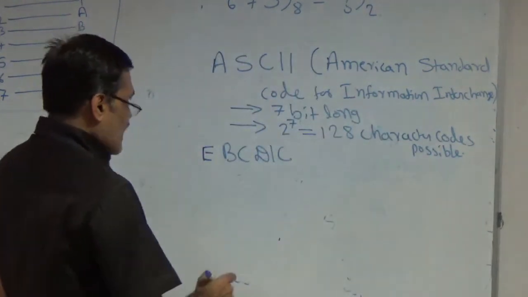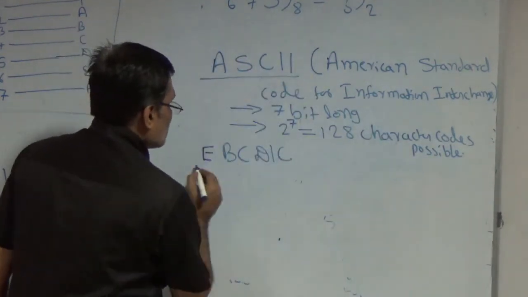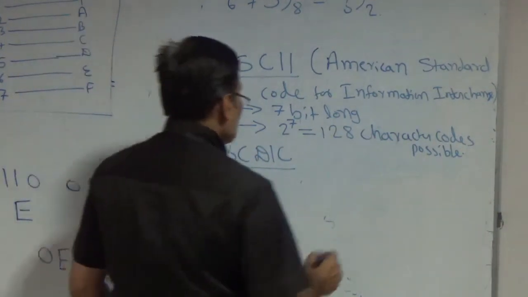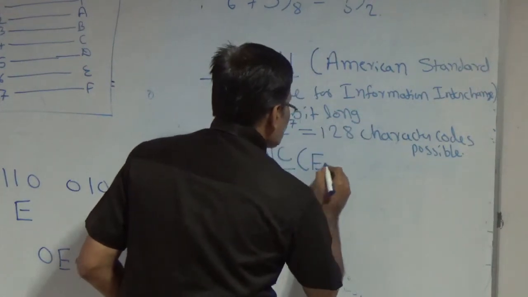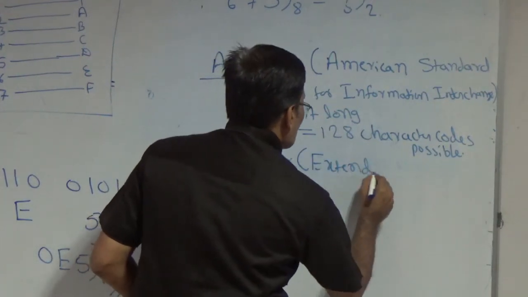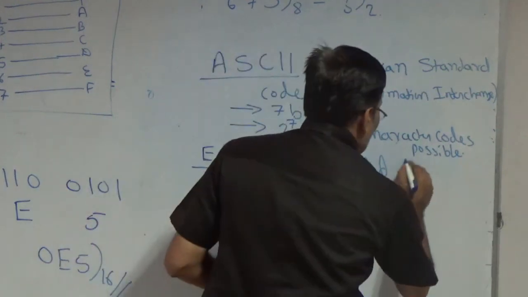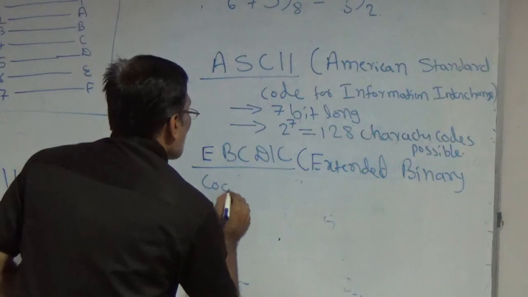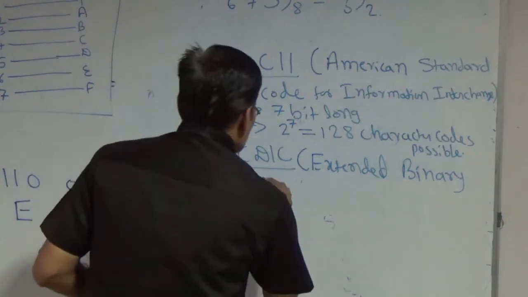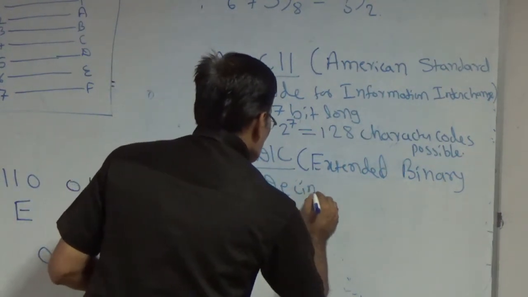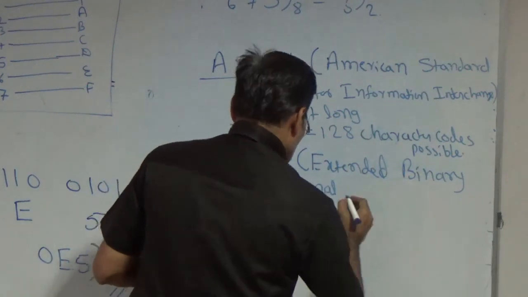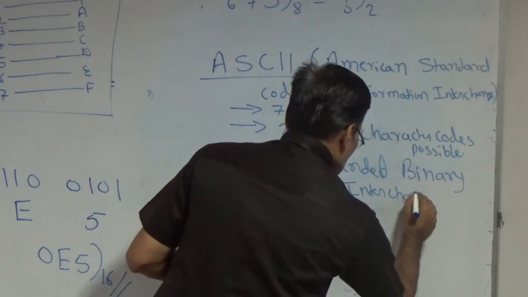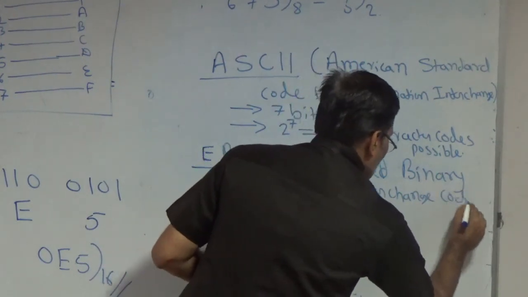Similarly, one more standardized code is EBCDIC, which is nothing but Extended Binary Coded Decimal Interchange Code.